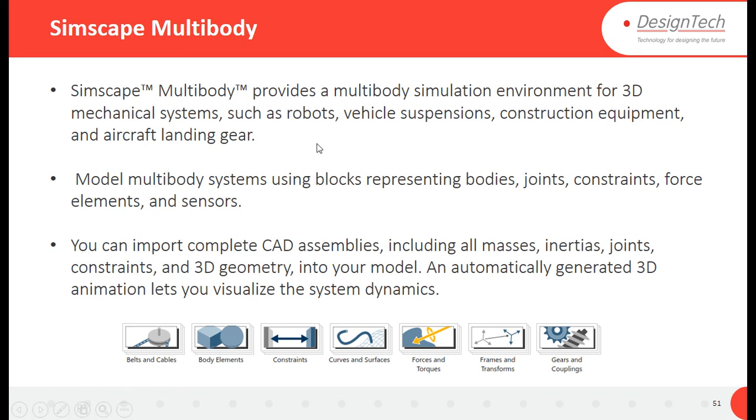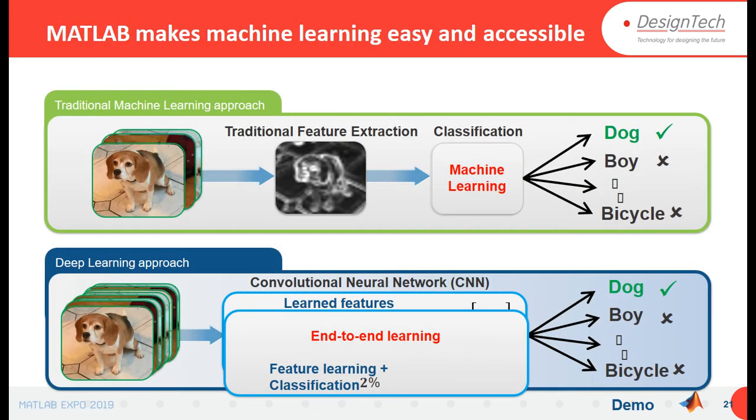Or aircraft landing gear, or model multibody systems using block representations of bodies, joints, constraints, force elements, and sensors. Apart from that, with multibody you can import complete CAD assemblies including all masses, inertias, joints, everything. It will be translated into the Simulink way of doing this.